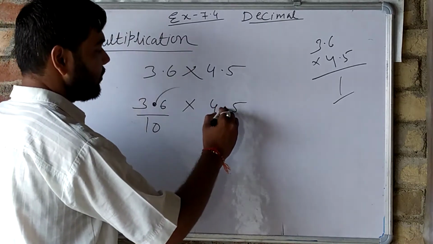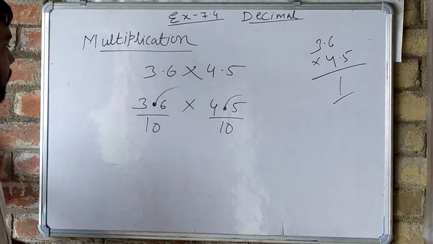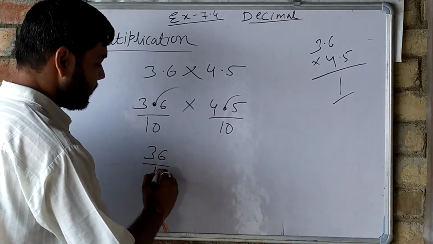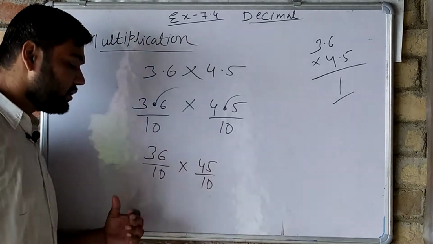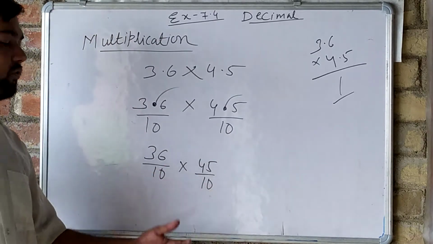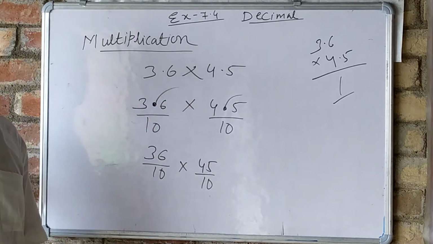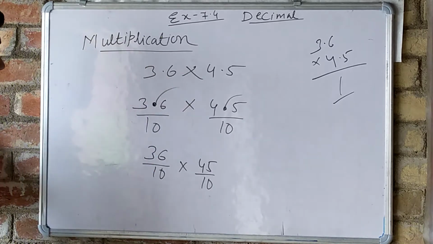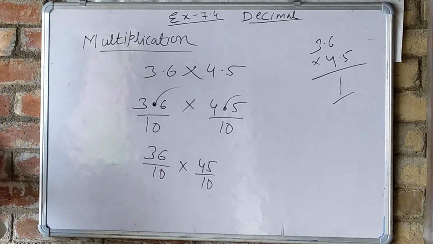Now it is 36 by 10 and 45 by 10. Now the question becomes 36 upon 10 into 45 upon 10. That means the decimals are converted into fractions with denominators in terms of 10.